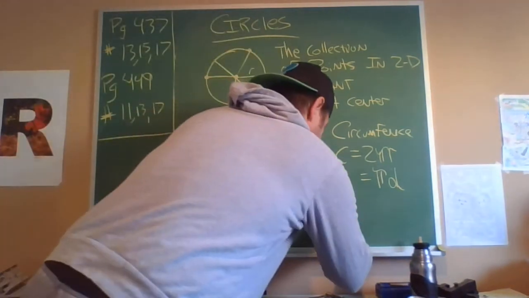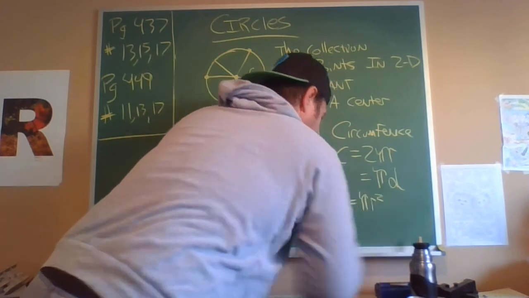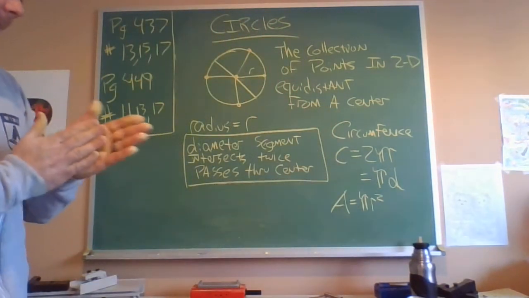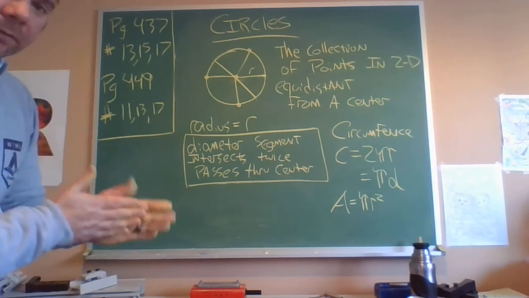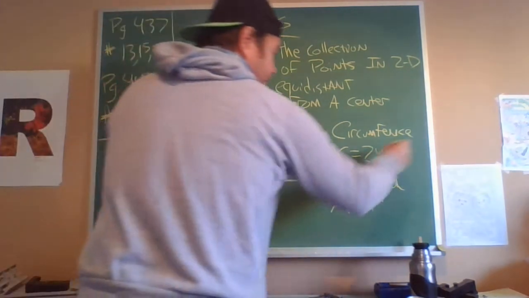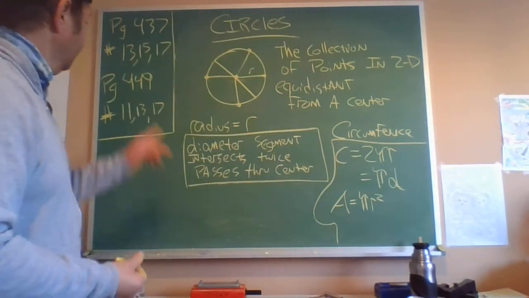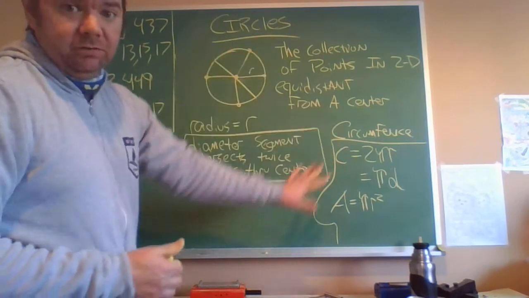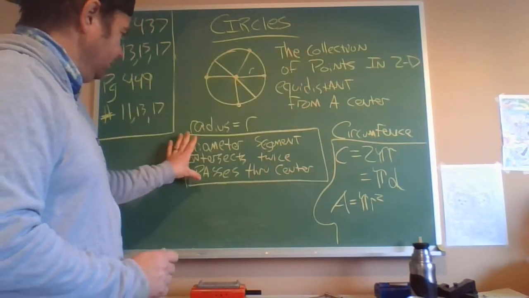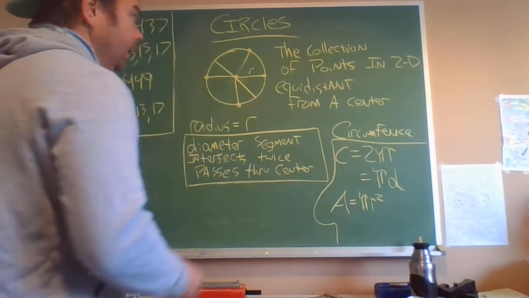And the last formula: the area of the circle is the length of the radius squared times this number pi. So these are the formulas that we're really going to use when we talk about these 3 questions here. But there's some other good information here: the definition of the circle, the definition of diameter, the definition of radius, and then of course our formulas.